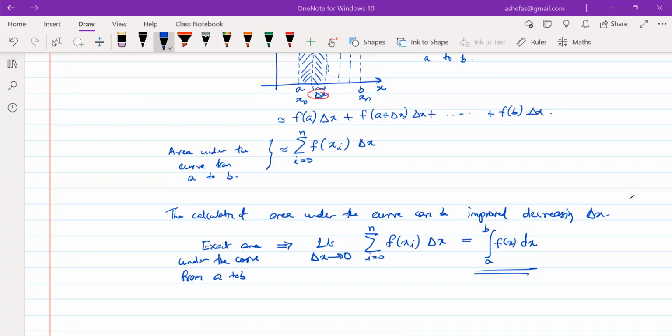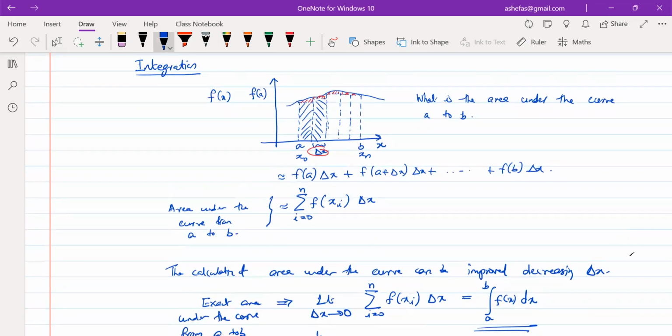So we can summarize that the integration between 2 points, f of x dx, is nothing but the area under the curve of f of x between a to b.